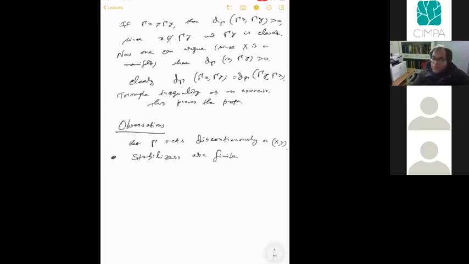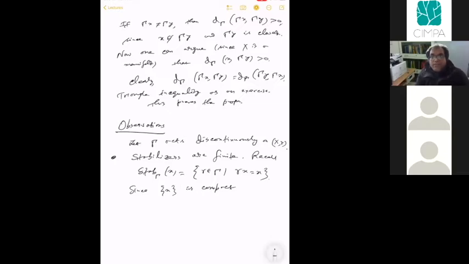Recall the stabilizer of x is the set of γ in Γ such that γx = x. Now, since X is compact, what will happen?